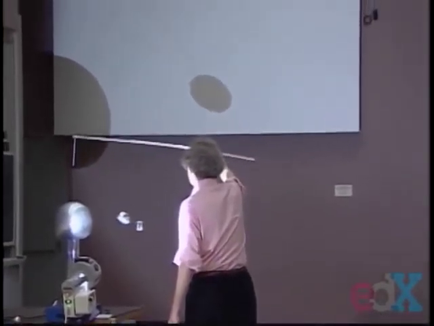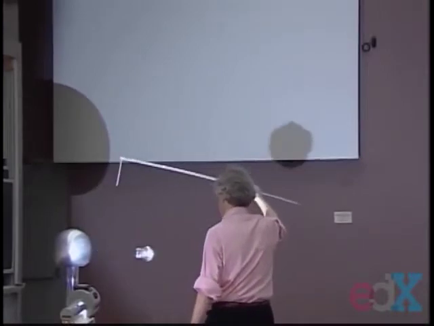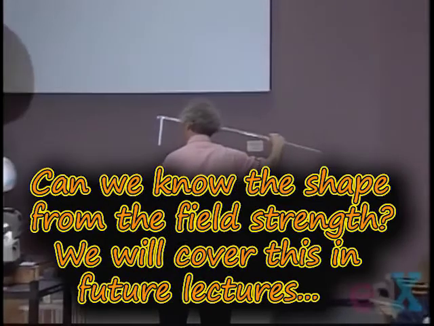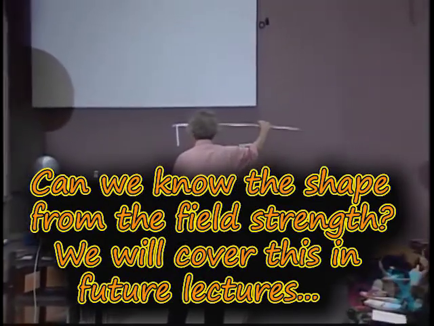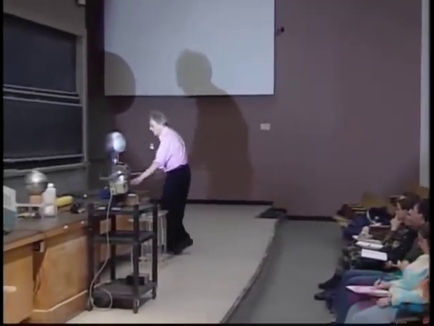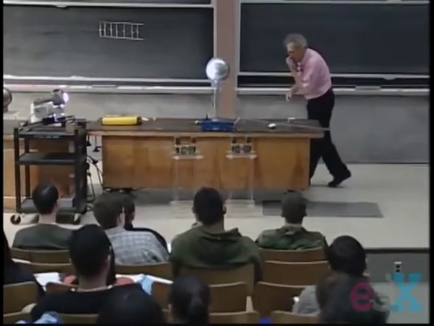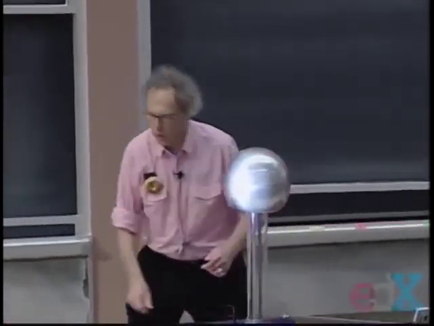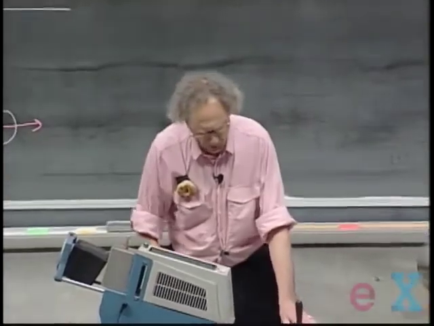This angle is about 40 degrees, and now it's very small, and when I go here, which is about 1.5 meters, you can hardly see that there's any angle. It's only a few degrees. And so I've shown you only qualitatively that the electric field falls off very rapidly in the vicinity of a hollow, uniformly charged sphere, and that it doesn't fall off very fast if you are in the near vicinity of a plane.